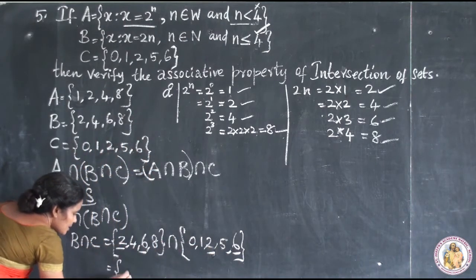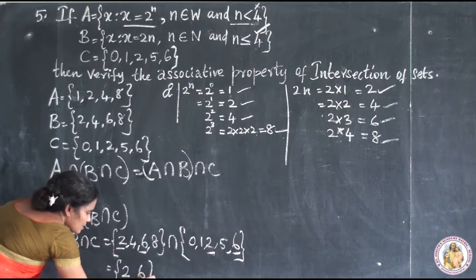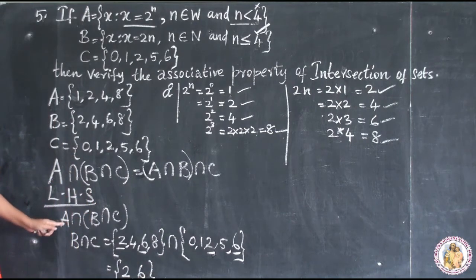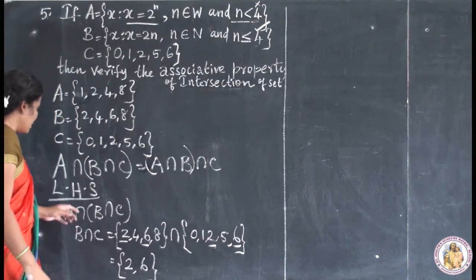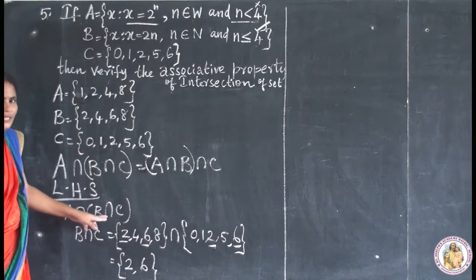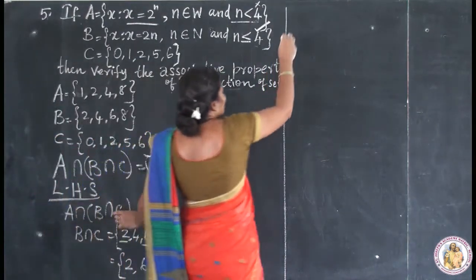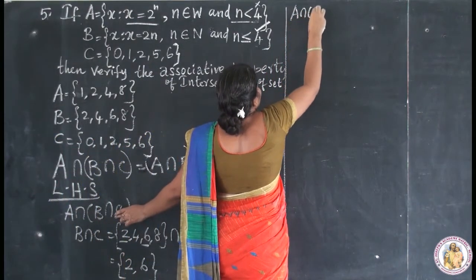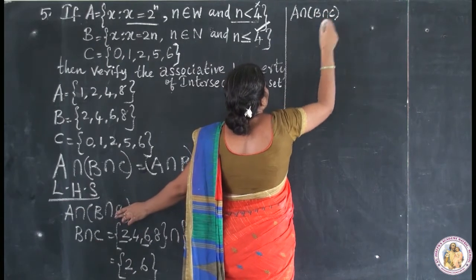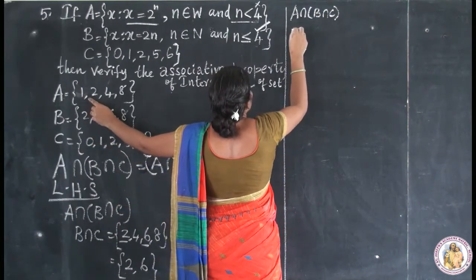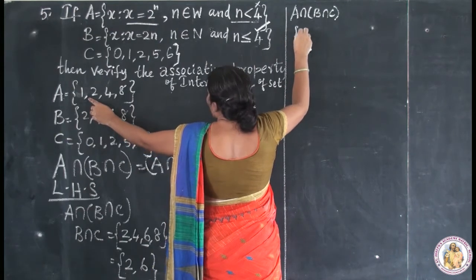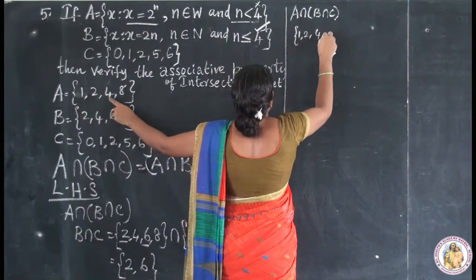So B intersection C is 2 and 6. Then we have to find A intersection B intersection C. Now let us find A intersection B intersection C. What is A? 1, 2, 4, 8.